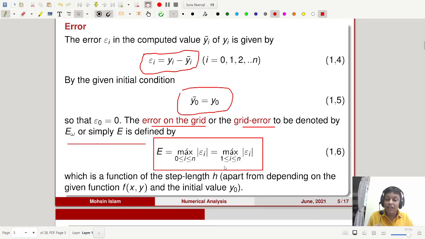Clearly the grid error is a function of the step length h, apart from depending on the given function f(x, y) and the initial value y0. It also depends on the step length h. Okay everyone, so this grid error is given by 1.6.